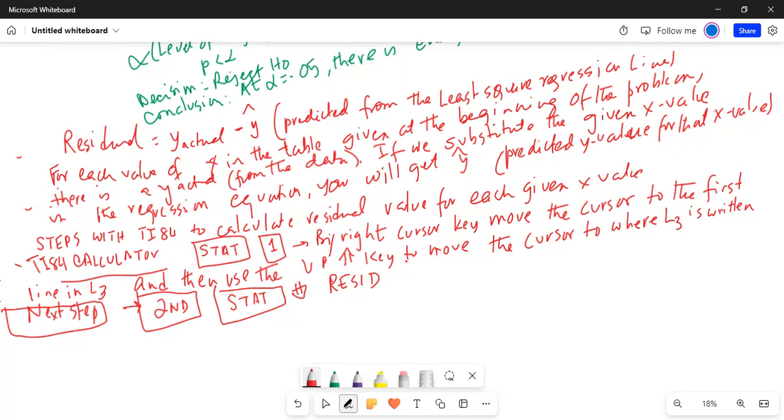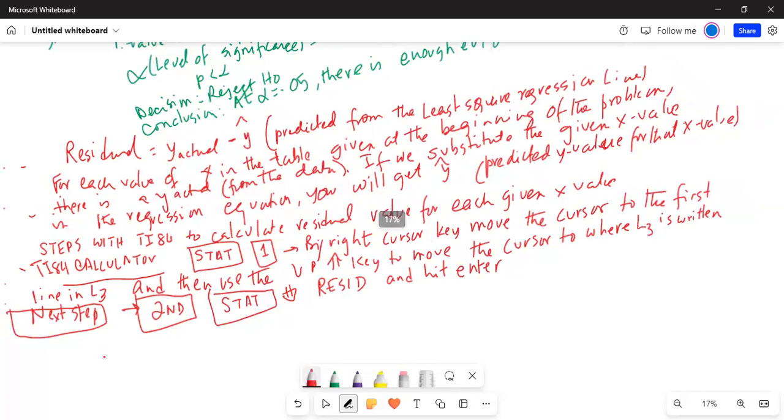When you align the cursor with RESID, you hit enter. If you look at the bottom right corner of your calculator screen, you'll see L3 equal to L RESID. Now hit enter.